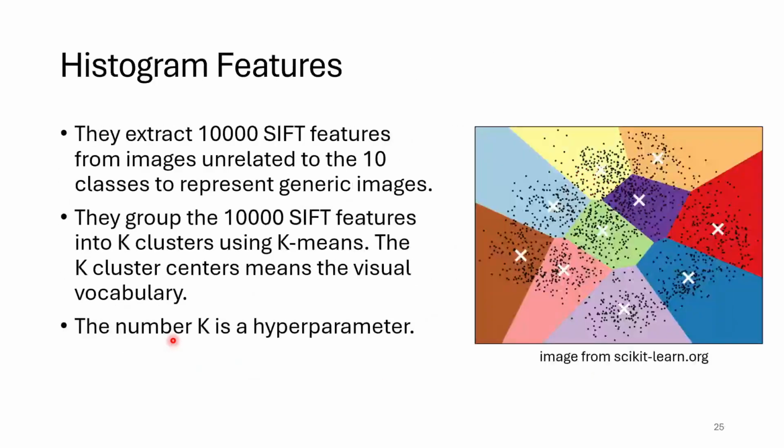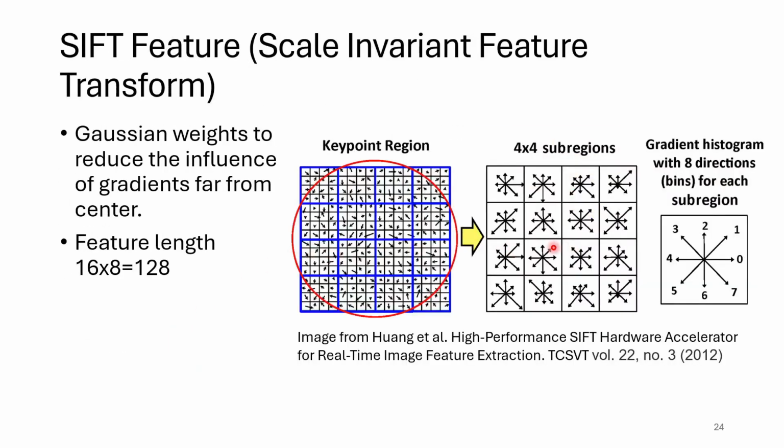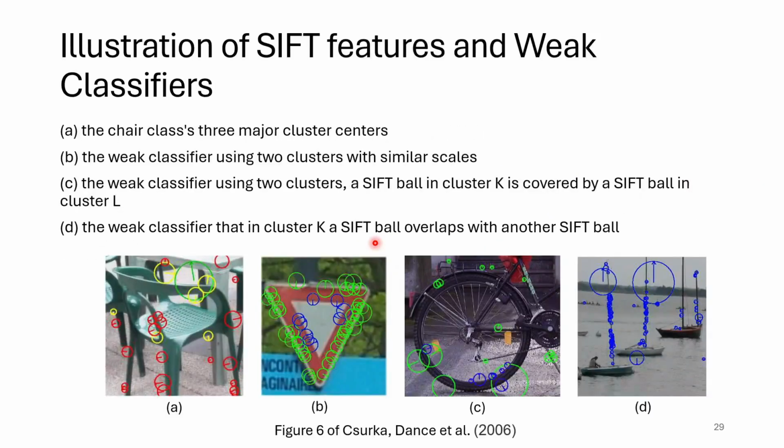A SIFT feature is a descriptor for orientation and for scale. So they use the shape of the circle to represent the SIFT feature.